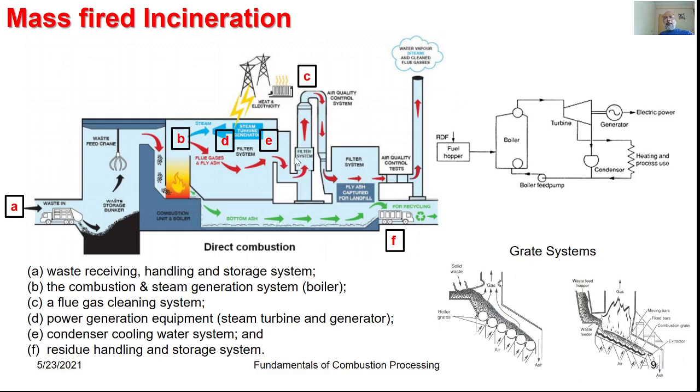Also, the fly ash likely to be emitted through these stacks would be caught through an ESP or filter-like mechanism, and accordingly this captured ash would be either recirculated or used for some beneficial purposes.